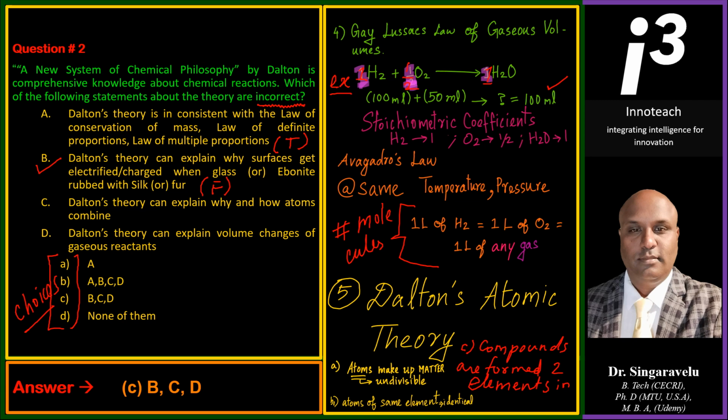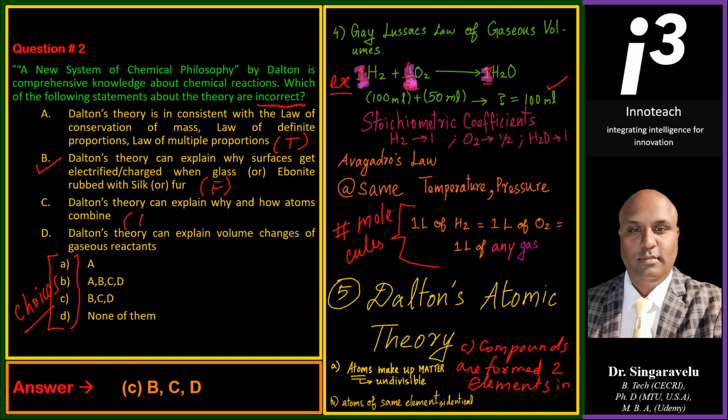And statement C says Dalton's theory can explain why and how atoms combine. Although he said that a chemical reaction is nothing but a rearrangement of atoms, he never explained why it happens or how it happens.